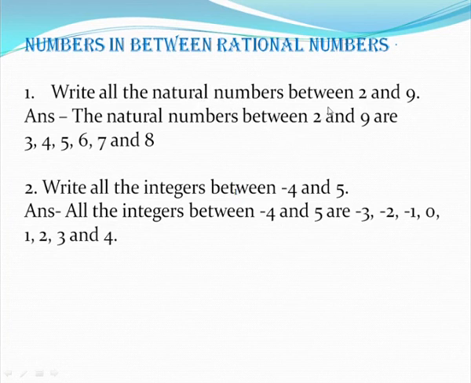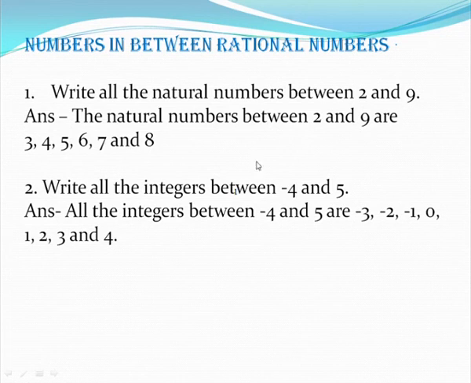We know the numbers that come between the given two natural numbers. So, the natural numbers between 2 and 9 are 3, 4, 5, 6, 7 and 8. These natural numbers come between 2 and 9.